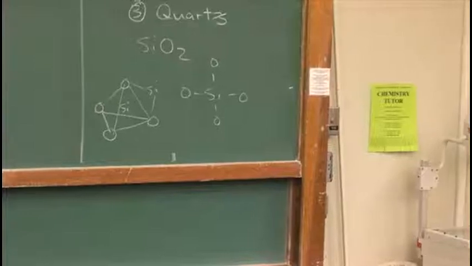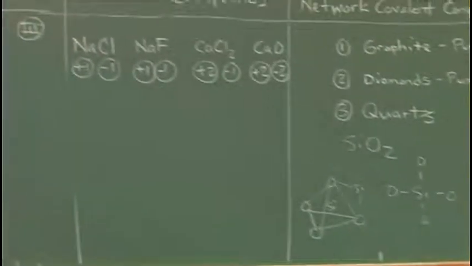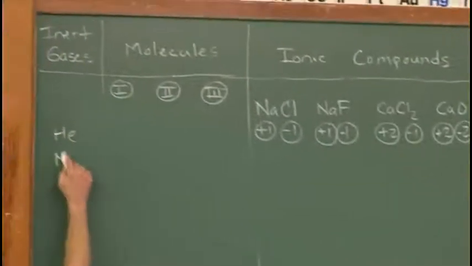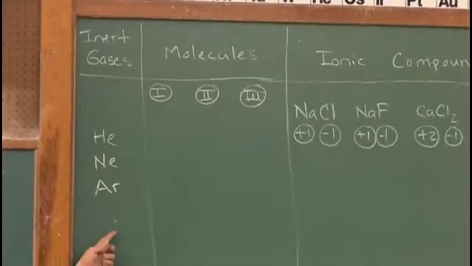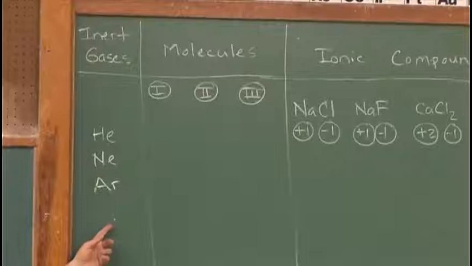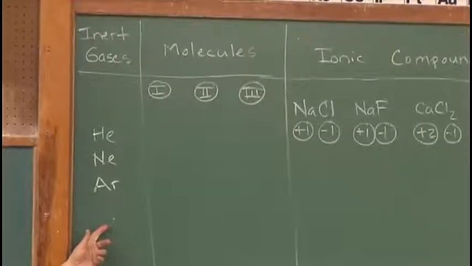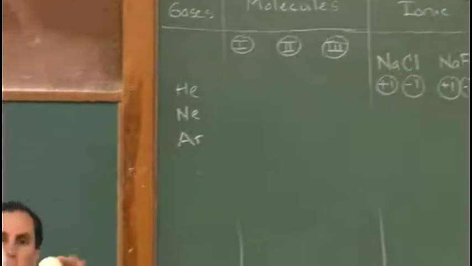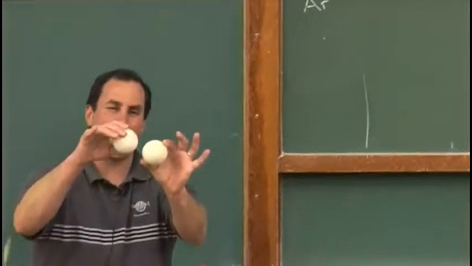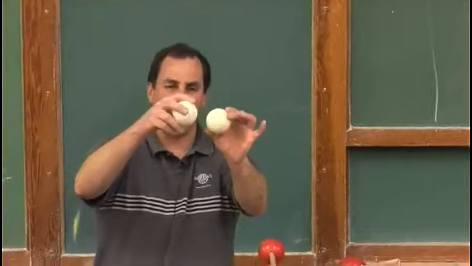Way over on the left, the inert gases, we don't have that at all. Let me list a few of them. These inert gases should be thought of as specks or discrete particles. They don't have neighbors. If they did have neighbors, they would be near each other, and the interactions would have to be strong enough to keep them together, but at room temperature and pressure, we don't observe that.